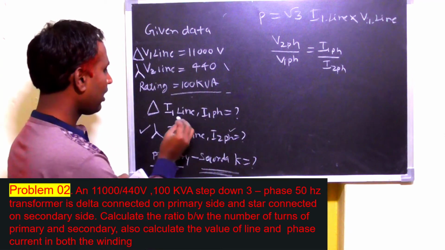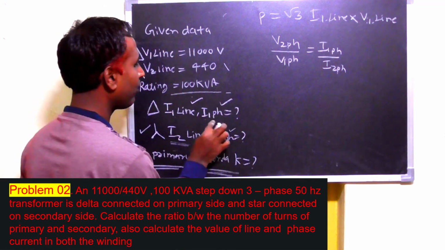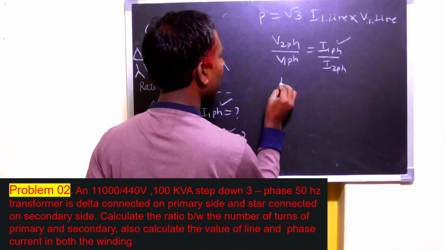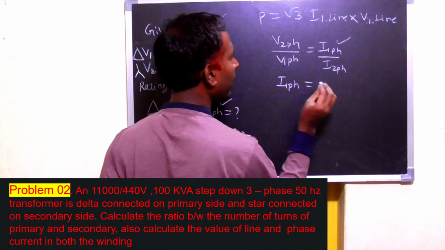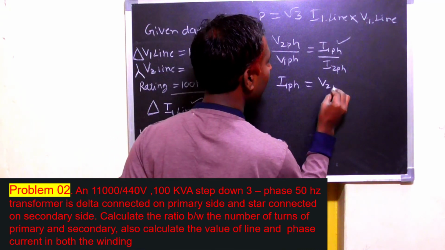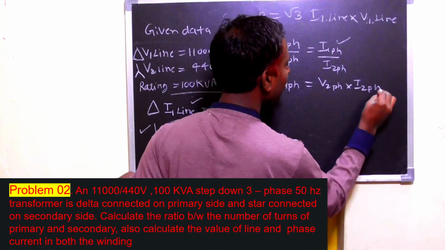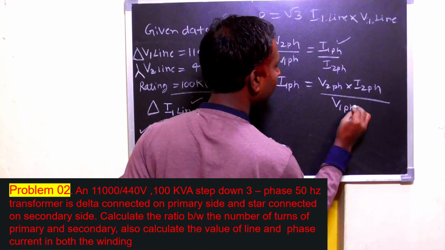So I want I1 phase voltage first. The formula becomes I1 phase voltage equals V2 phase voltage into I2 phase current divided by V1 phase voltage.